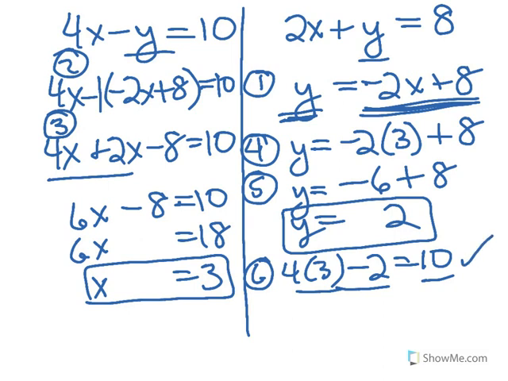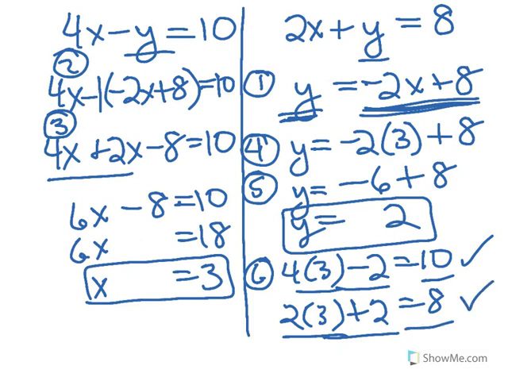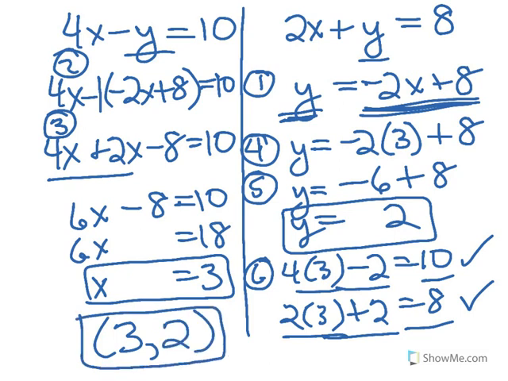How about the other expression? 2 times 3 plus 2 equals 8. You know, 2 times 3 is 6. 6 plus 2 is 8. That works also. We do have a solution. Our solution is the ordered pair 3, 2. And that's how you solve for that ordered pair using the method of substitution.